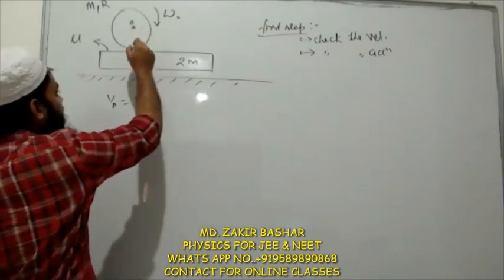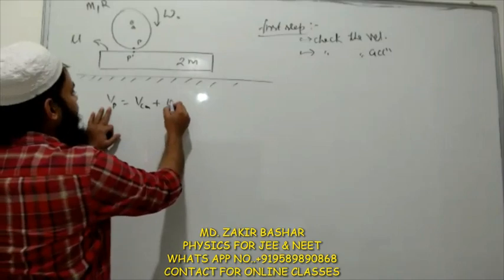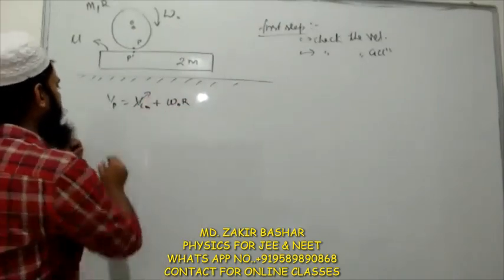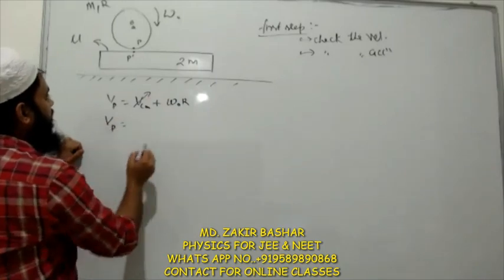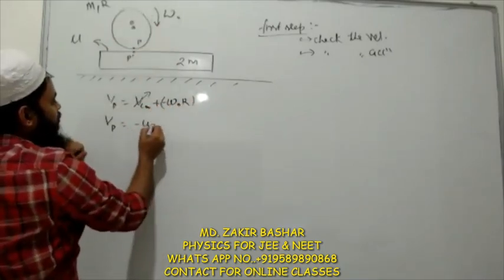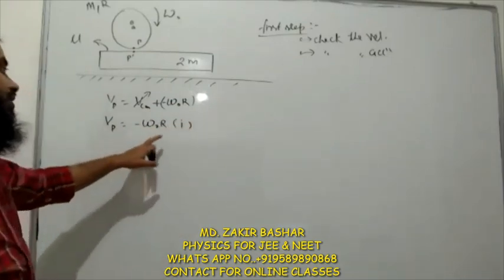From the center of mass, the relative velocity of P is omega naught into r, and the center of mass velocity is 0. So Vp is towards the negative i cap, that is minus omega naught into r i cap. The minus sign shows you the direction.